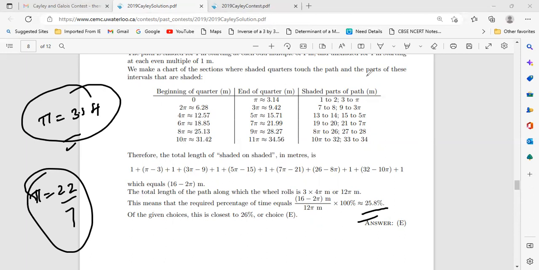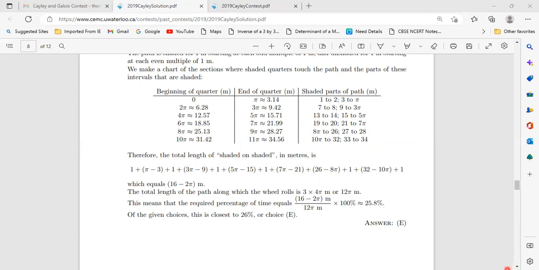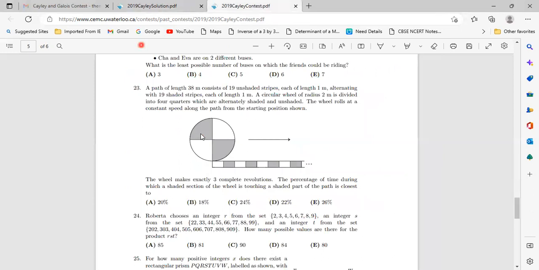Normally in Canada, we use 3.14. If you simplify, we get 25.8, which is closest to 26. So we're going to choose this option.